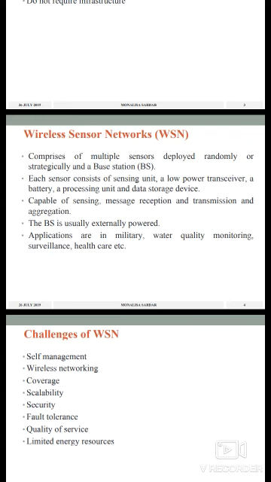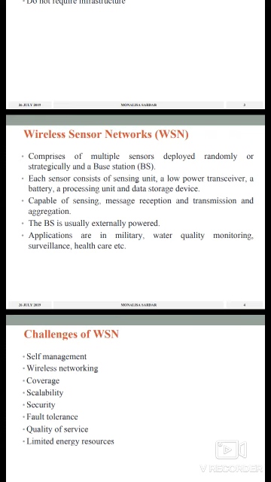So, wireless sensor networks are formed using multiple sensors, and each of these sensors consists of a sensing unit with which they sense their environment, and they can sense any kind of environmental conditions such as temperature or light.